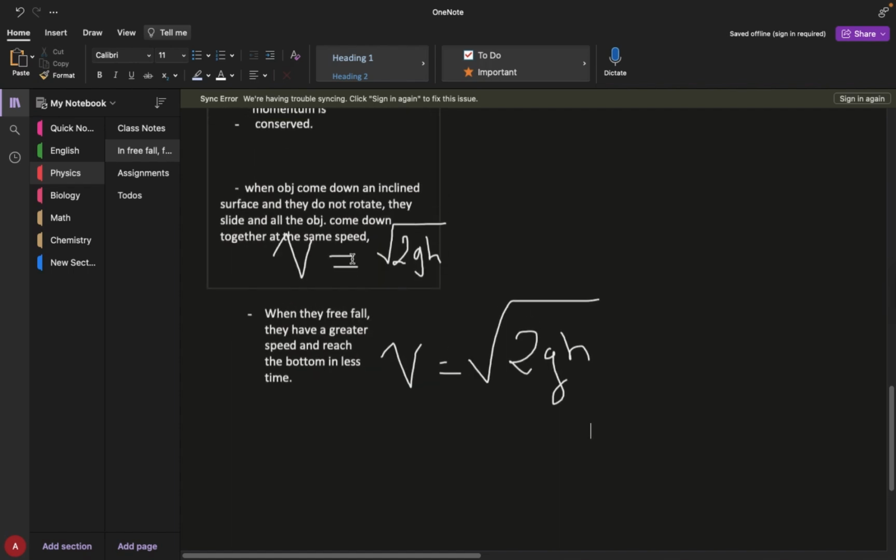This is the fun part. Why do you think in free fall they reach the bottom in less time? It'd be fun, and I am sure that you think of it. It's because, guys, when you're free falling, all the gravitational potential energy is converted to kinetic energy, translational kinetic energy, and not to rotational kinetic energy. But if we were rolling down an incline, the gravitational potential energy is converted to both rotational and translational.